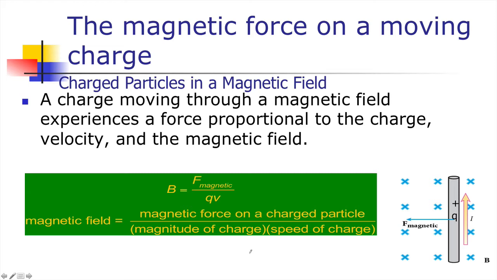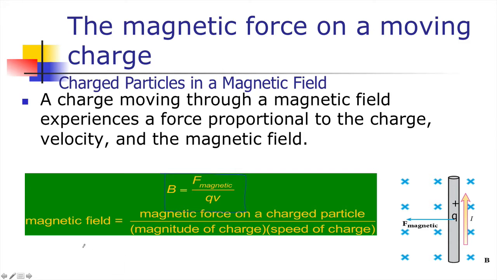Okay, so why maybe? Because sometimes the charge can be moving in a magnetic field in a certain direction, and then it might not experience any kind of force. But physically, there is an amount of force experienced by a charge moving in a magnetic field.